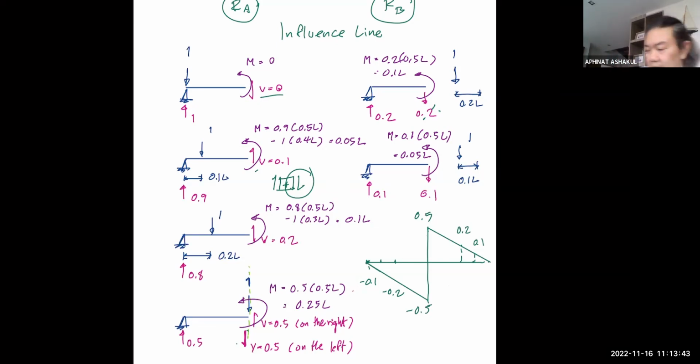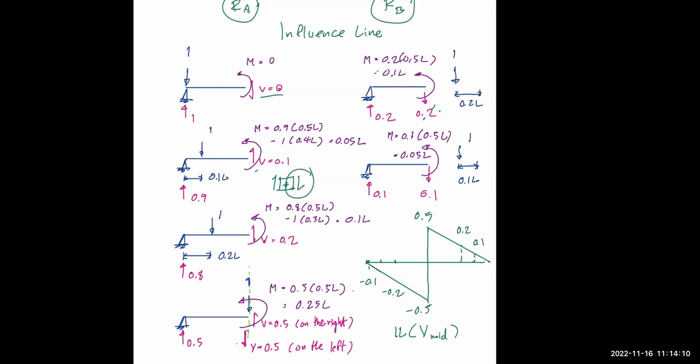So this is the influence line of the shear at midspan. How the value of the shear at midspan changes when we move the load around. Are you with me?